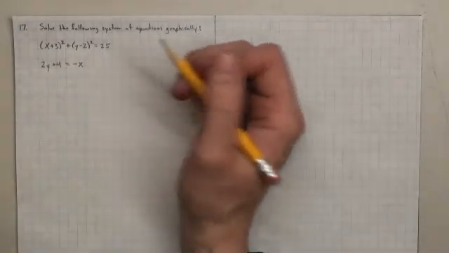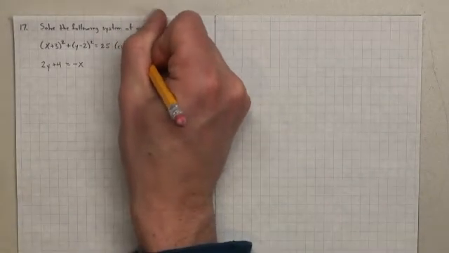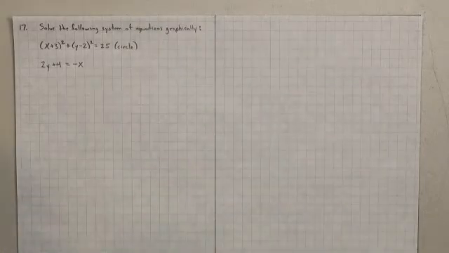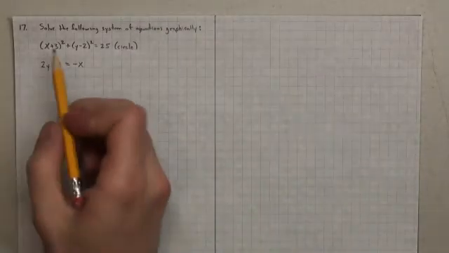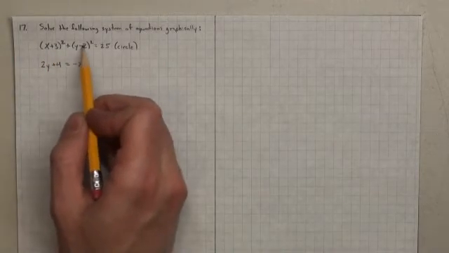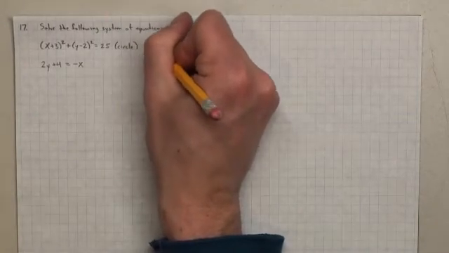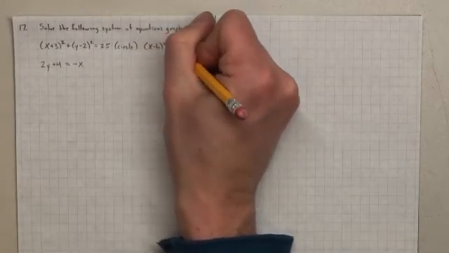So, this top one is not a parabola, it's a circle. Right? And we know that because we have two variables that are squared. The x term is squared and the y term is squared. So let's write down the general form for the equation of a circle.